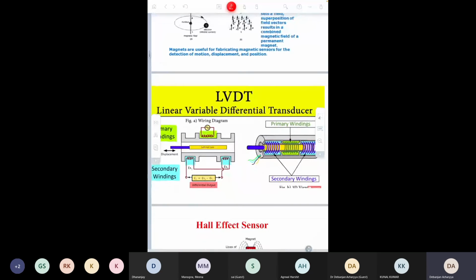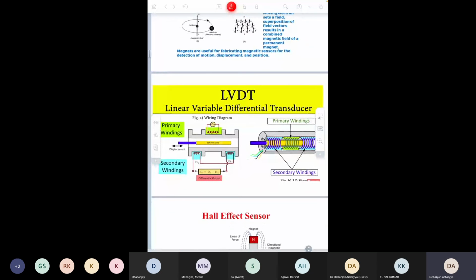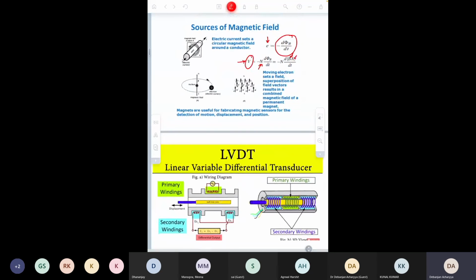Now the very popular example of the inductive sensor is based on what is called mutual induction. Not only self inductance, which is what I described, but mutual inductance is also possible.